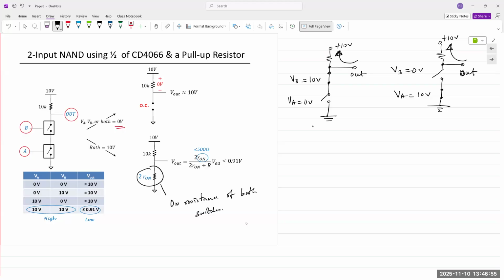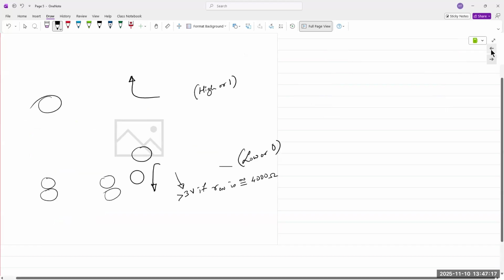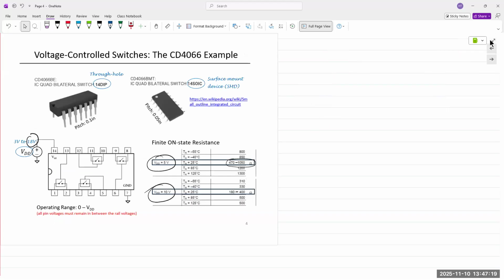Okay, so output is now connected to ground, but we must take into account the on resistance of the switch. If you want to calculate the voltage or the current, take that into account. Go back to the spec sheet. Our spec sheet states the on resistance for an applied VDD of 10 volts is between 180 and 400 ohms.